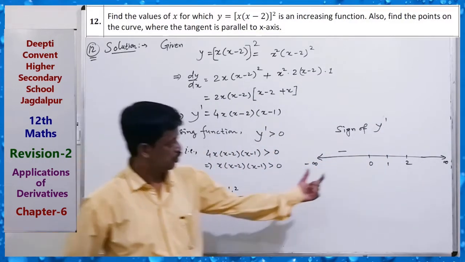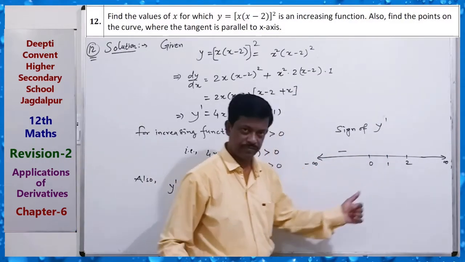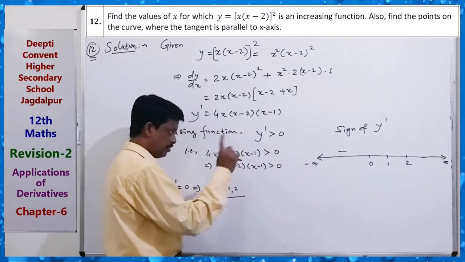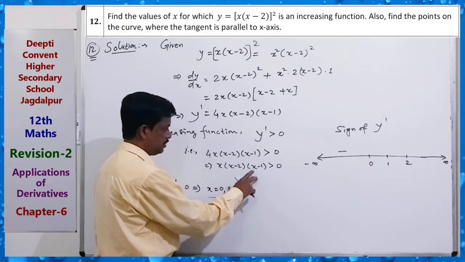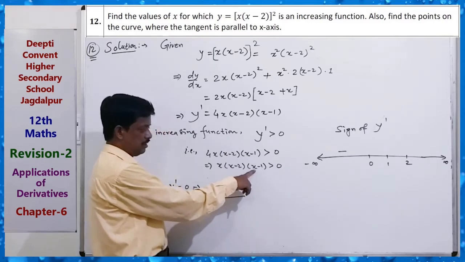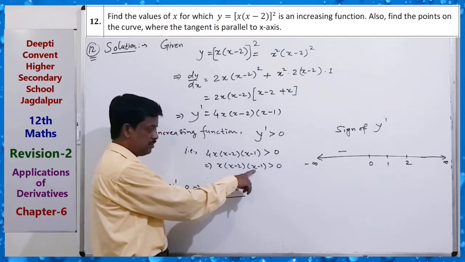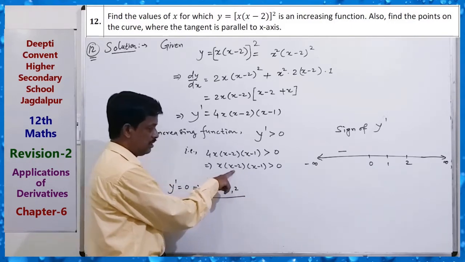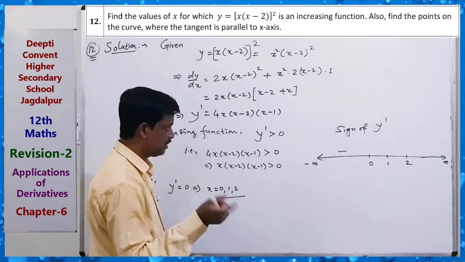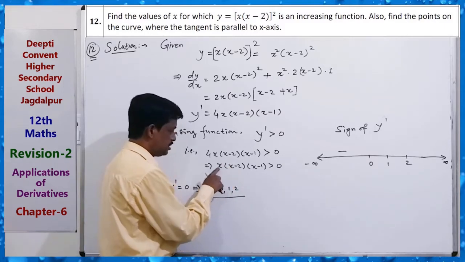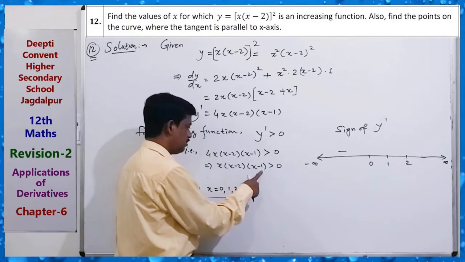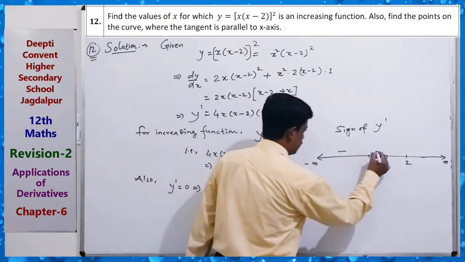Here also, for 0 to 1, x lies between 0 and 1, which means less than 1. Positive value but less than 1: this is positive, this is less than 1 so negative, this is also negative. Negative, negative, positive gives positive.